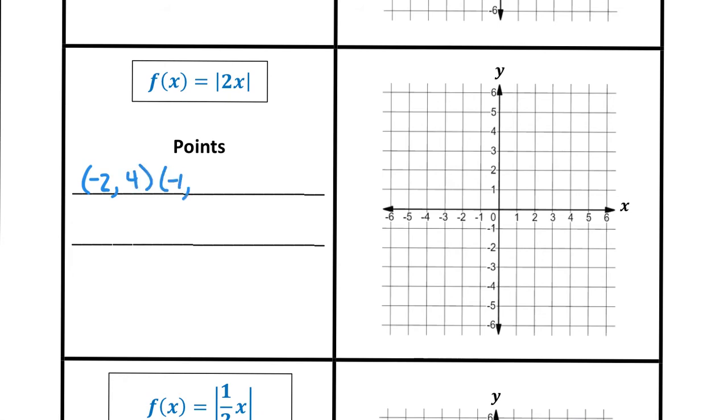Then I'm going to plug in negative 1. 2 times negative 1 is negative 2. The absolute value of negative 2 is positive 2. 2 times 0 is 0. Plug in 1. 1 times 2 is 2. Plug in 2. 2 times 2 is 4. So that gives me negative 2, 4. Negative 1, 2. 0, 0, 1, 2, and 2, 4.